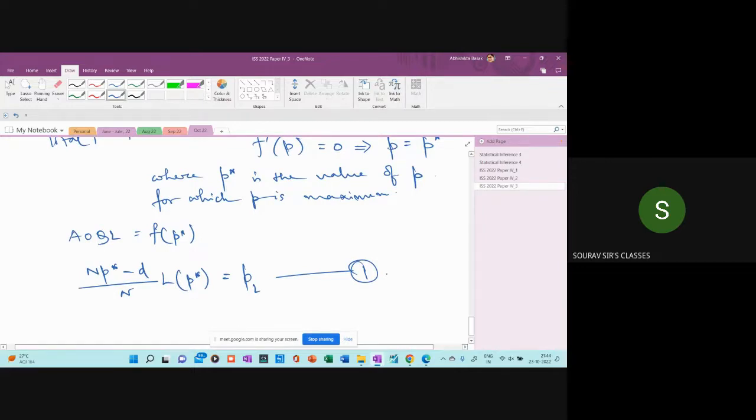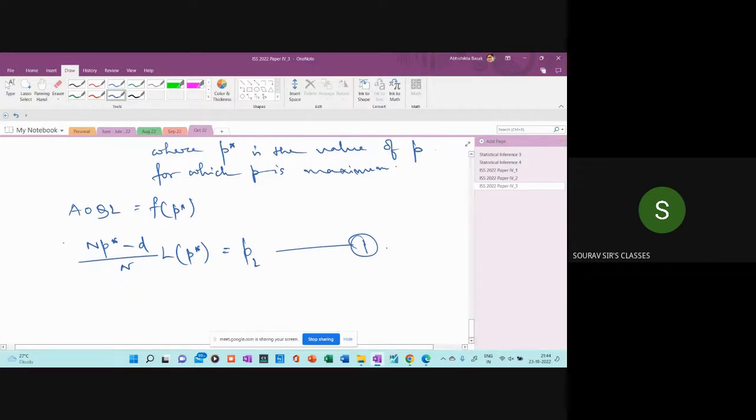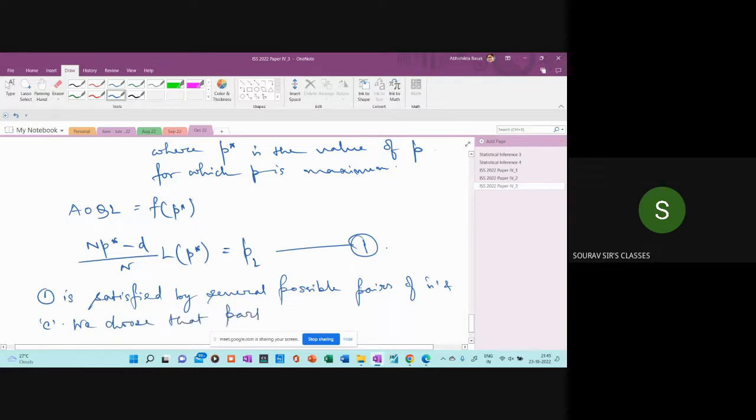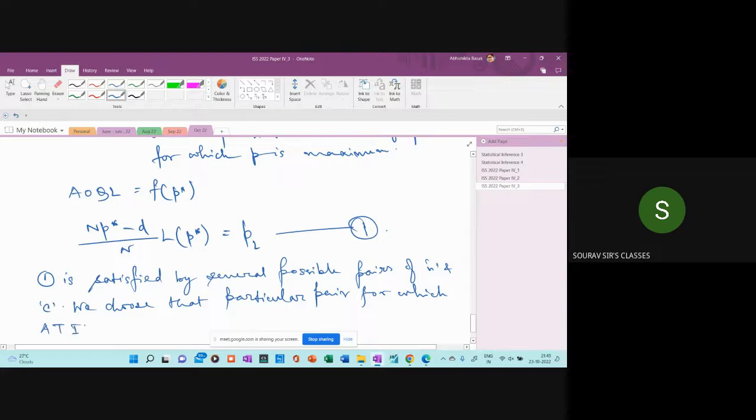Now we can find out the several pairs of N and C which satisfy 1. So we may write that 1 is satisfied by several pairs, and we choose that particular pair for which ATI is minimum at P equals P bar, that is, I of P bar is minimum.